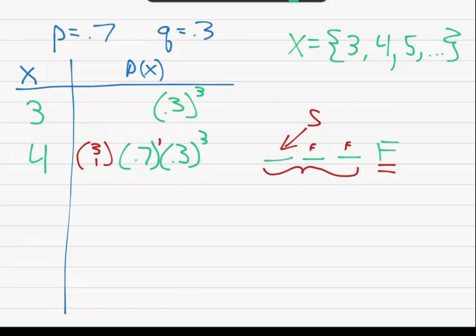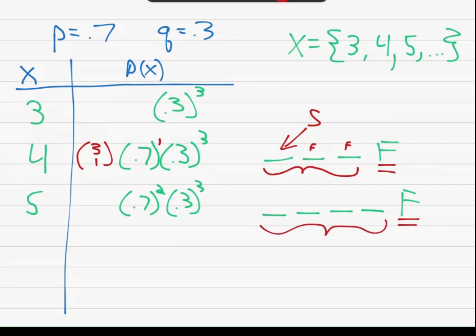So what about 5 total rides? Well, with 5 total rides, they've had 2 successes, so the probability of success raised to the 2nd power, and there are 3 fails. And again, let's think about this pattern. Now there are 4 rides before the final fail, so it ends with a failure. But now in these 4 places, we get to put 2 S's.